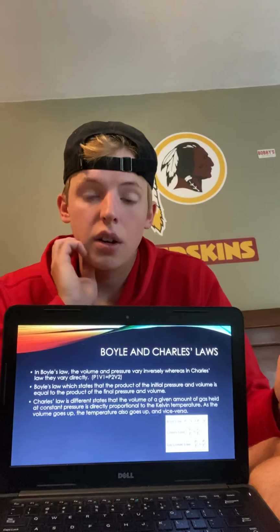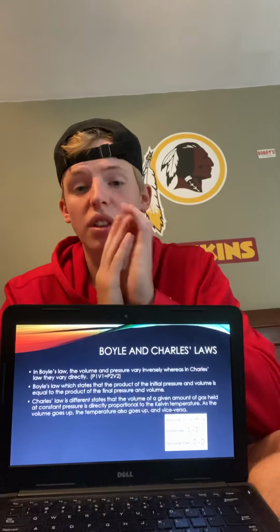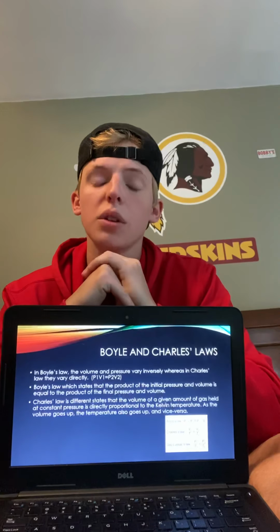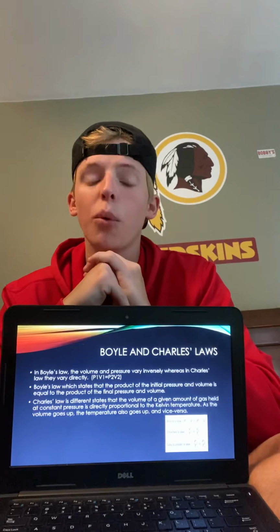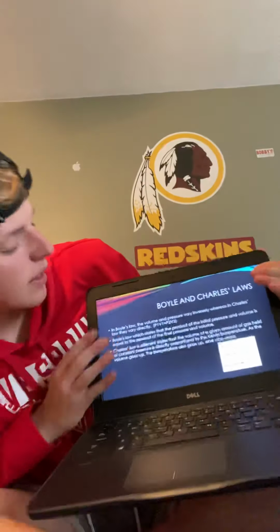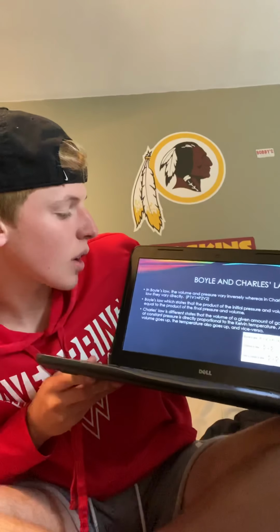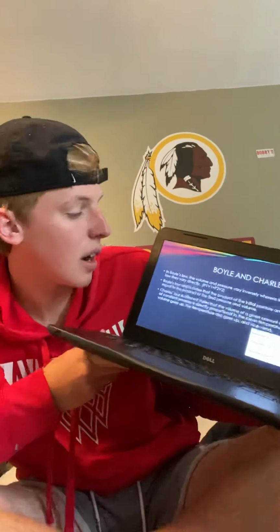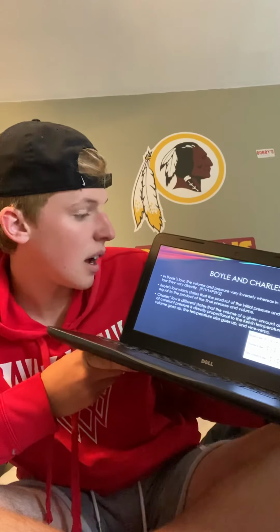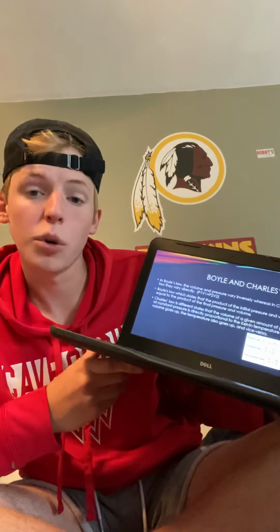Now, Boyle and Charles' law. Now, these are two very interesting men that actually had different results with the way they found things. Boyle found that the volume and pressure vary inversely, whereas Charles, they are more direct.